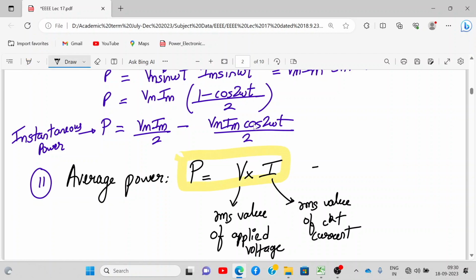How can we write this further? As Vm Im by 2. Understood?